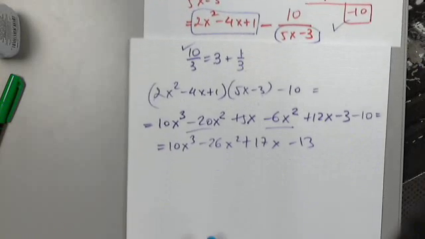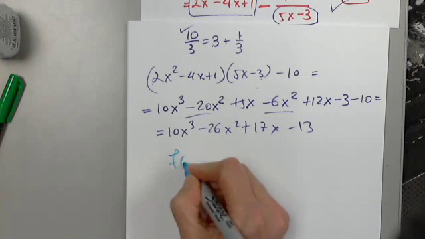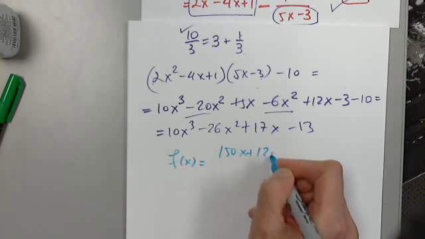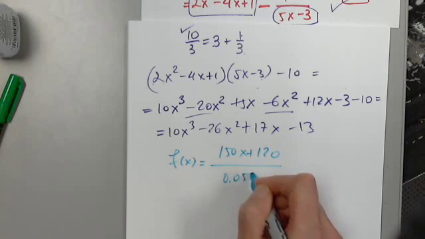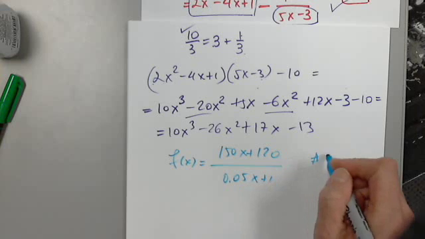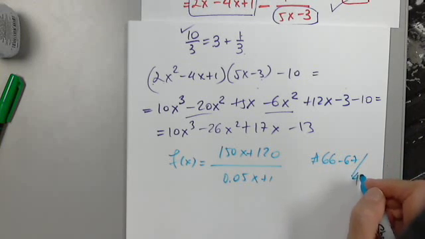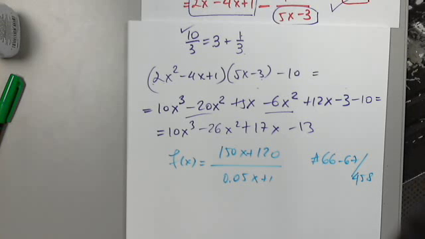Okay, it's not clear. Let me copy the function. So f of x, 150x plus 120 over 0.05x plus 1. So this is 66 and 67 on page 458. What type is it, and what will be the horizontal asymptote? Yes, it is rational.